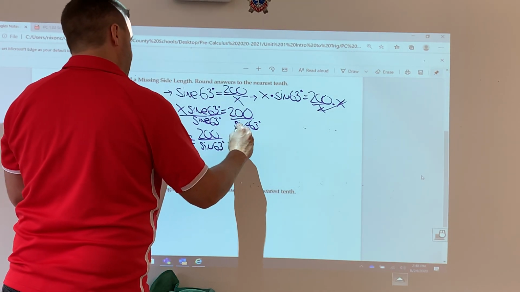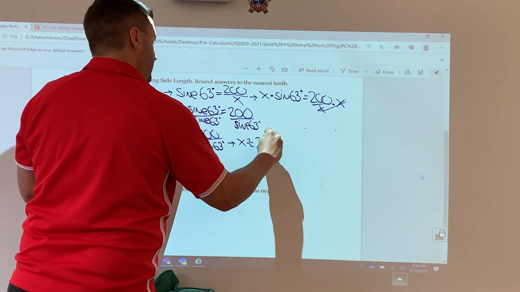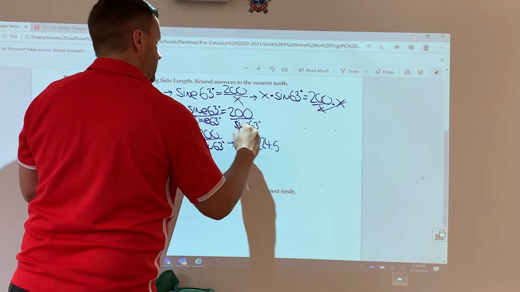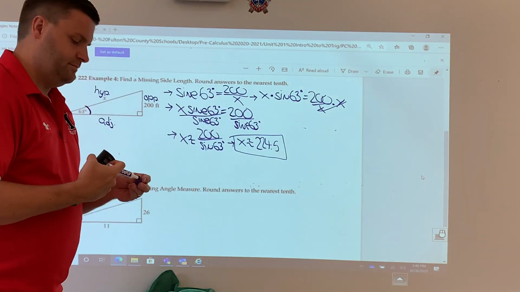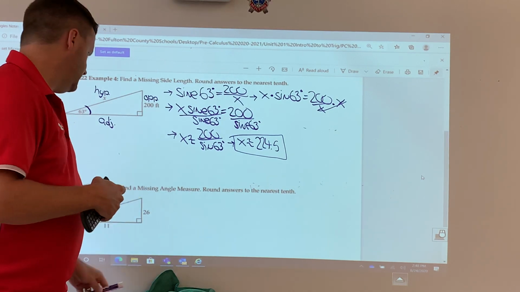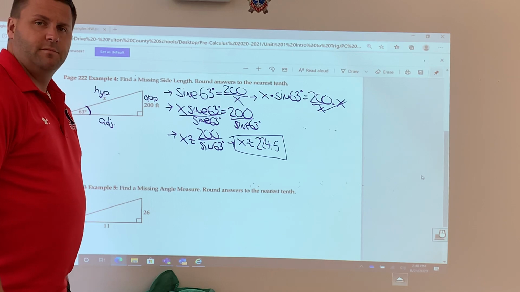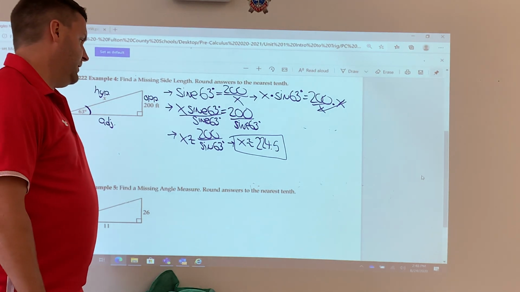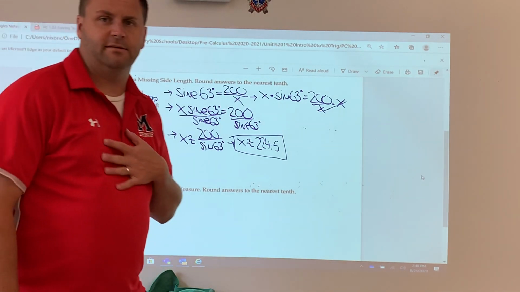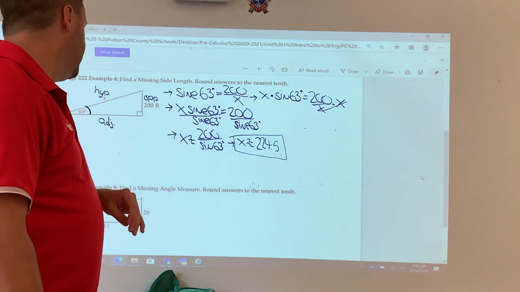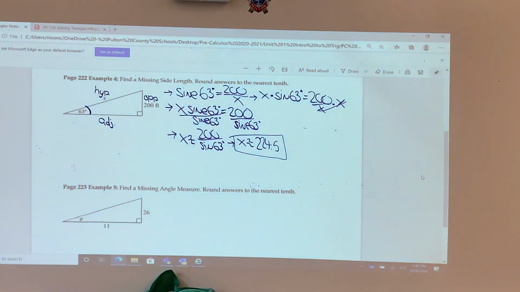And then that means that x is approximated to be 224.5. Okay? Any questions on that one there? Well, I don't know why I'm asking that, but we will address that in class tomorrow as well if there's people with questions on it. Okay, one more here, and then we're going to go over a couple of homework questions.